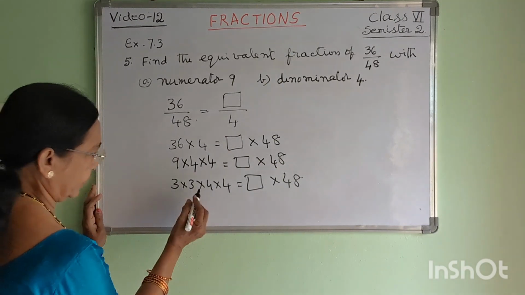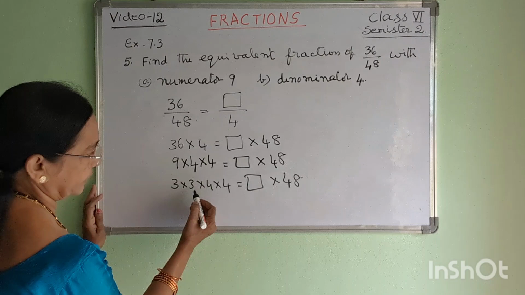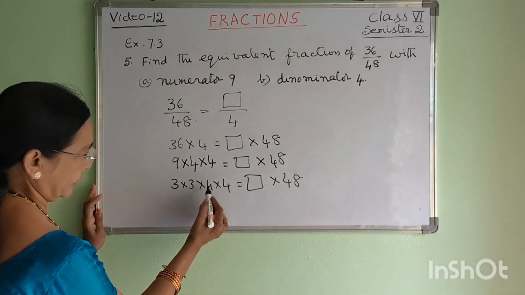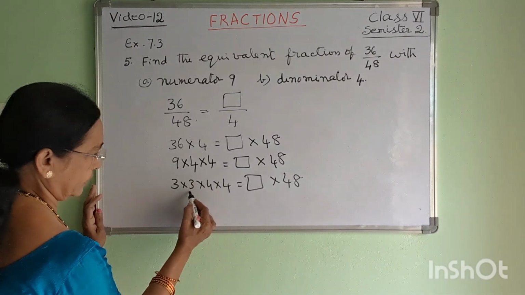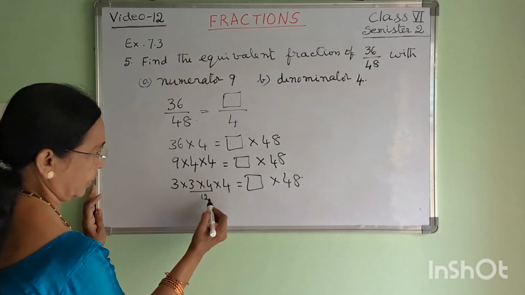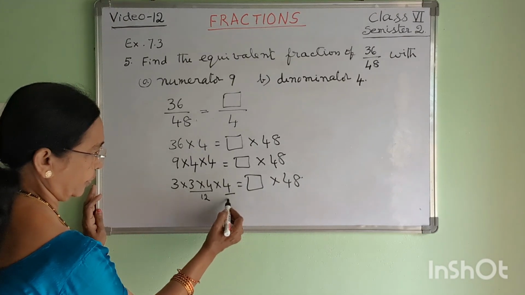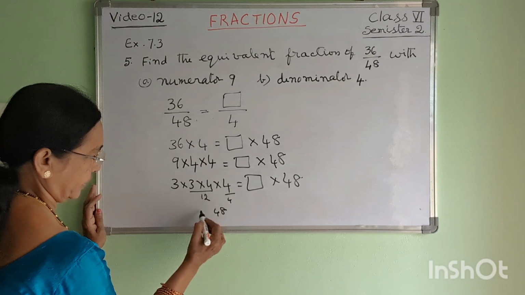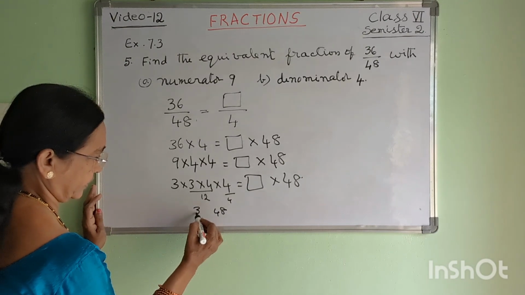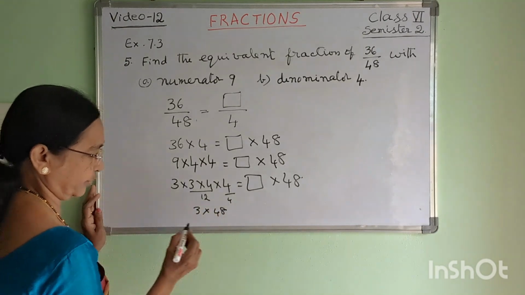So 4 into 3 is 12, 12 into 4 is 48. So this is 3 into 48.